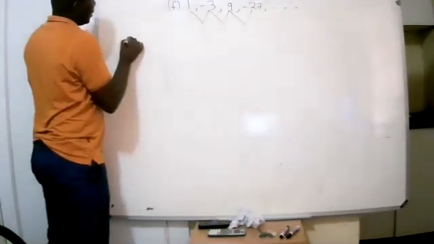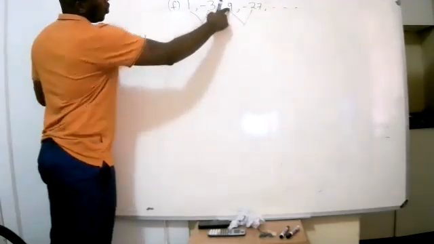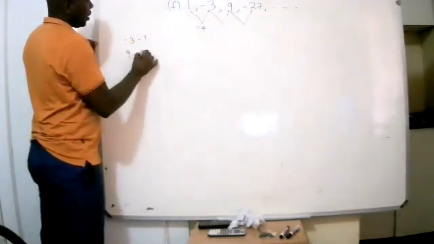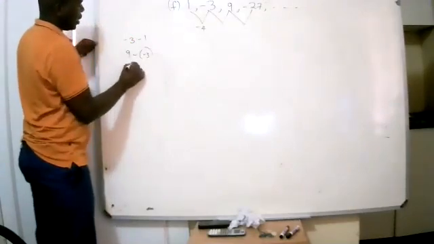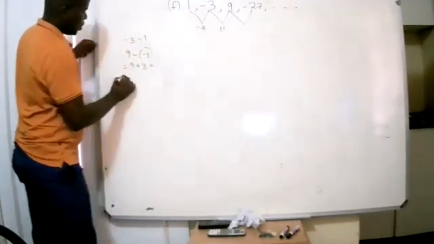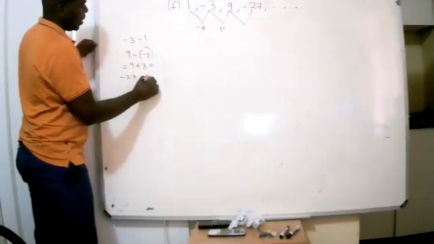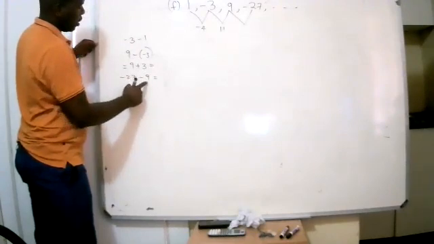If we subtract -3 minus 1, we are going to get -4. We subtract 9 minus -3, we are going to get 9 plus 3, which is 12.